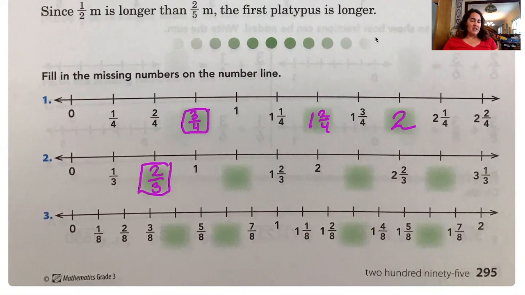What comes next? I would have 1 and what, Valentina? 1 and 1/3. Excellent. 1 and 2/3, 2. Then we'd have 2 and 1/3. 2 and 2/3. Then we would have 3. Excellent job, second graders. Keep going. We're getting smaller and smaller, right?